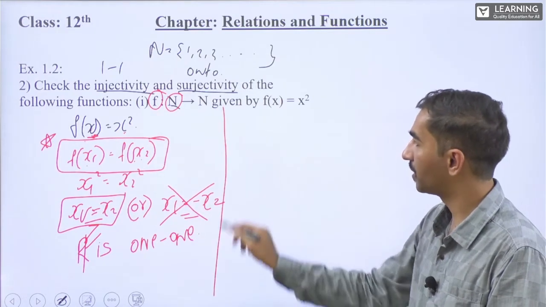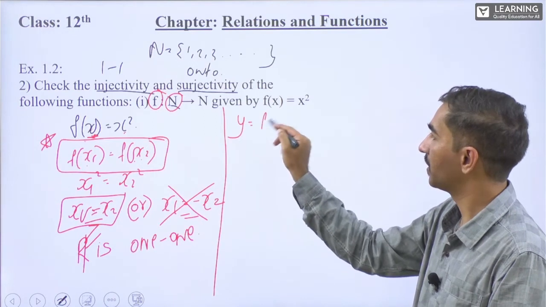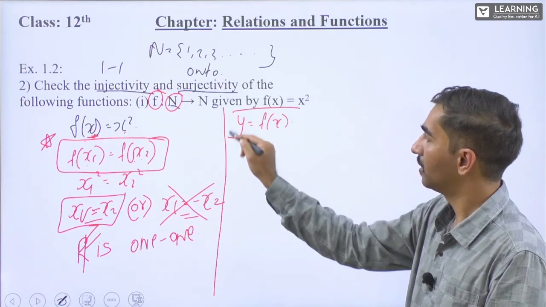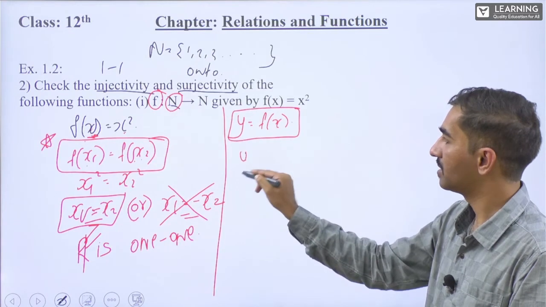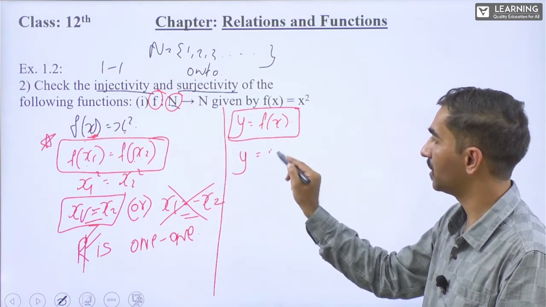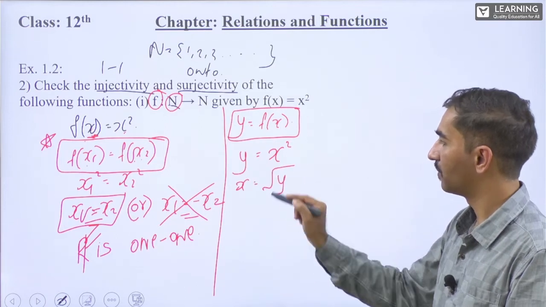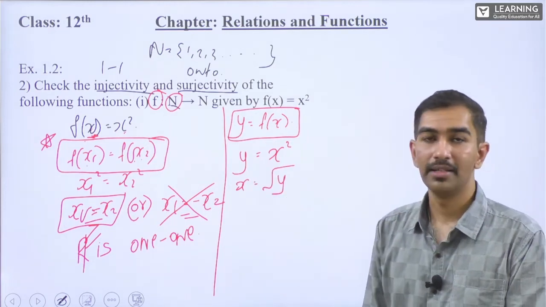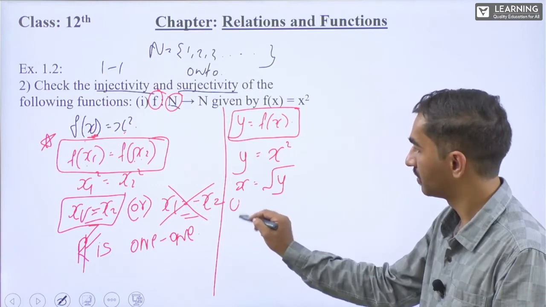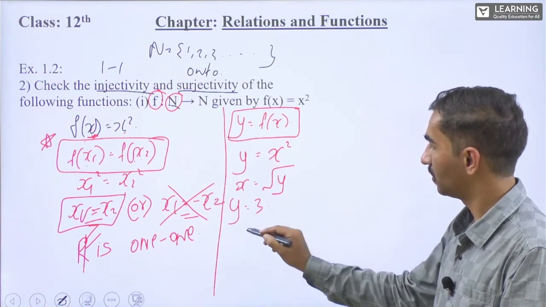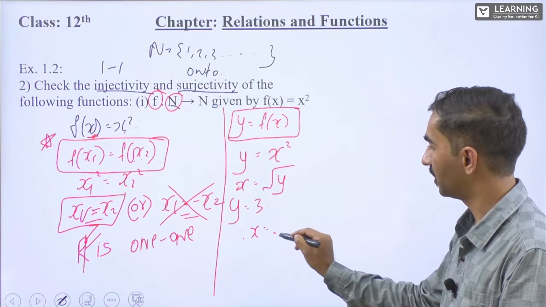We'll also try to prove onto function. How do we prove onto function? y is equal to f of x. So what is f of x, students? x square. What is x then? x will be equal to root of y. Correct? Now let us take y is equal to 3. Then it will become x is equal to root of 3.